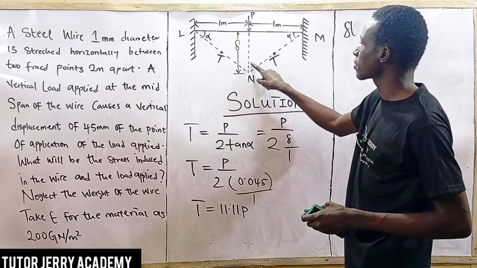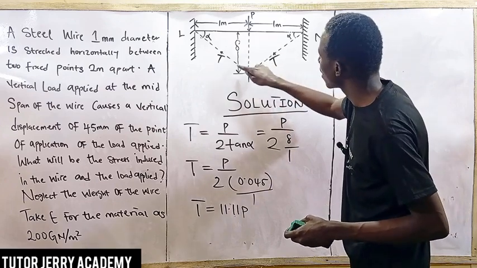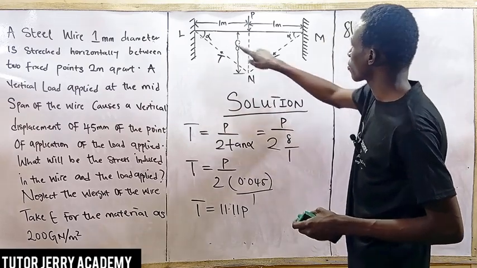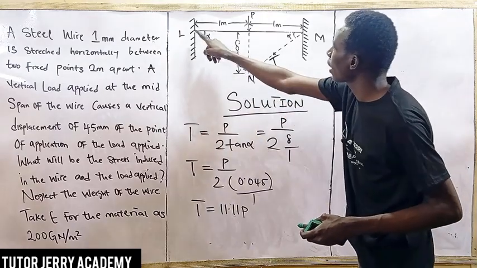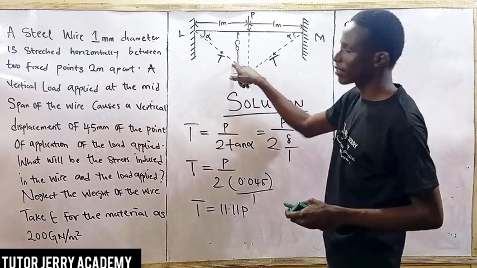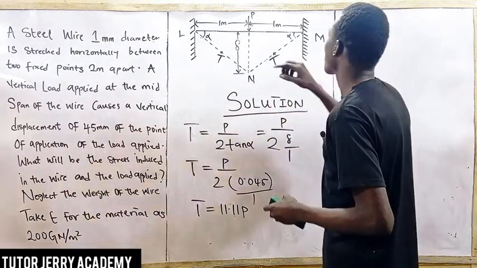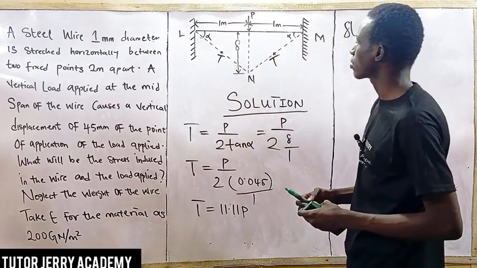Of course, we know that this wire has elongated. The length from here to here will be more than the length from here to here. So that addition is the change in length. In order to get it, we are going to be using what?